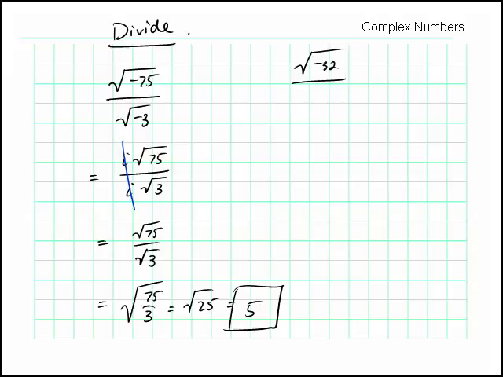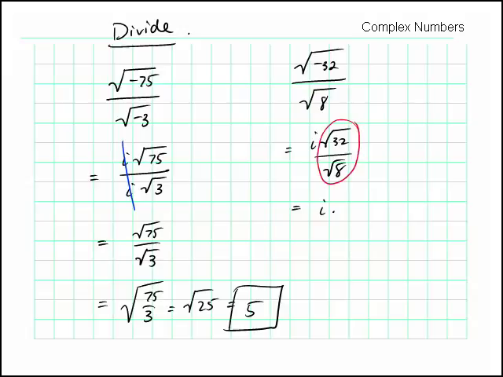And let's look at this one, square root negative 32 over the square root of 8. I have an imaginary number in the numerator. That's i square root positive 32 over square root 8. Here the i doesn't cancel away with anything, so I have to leave it there.